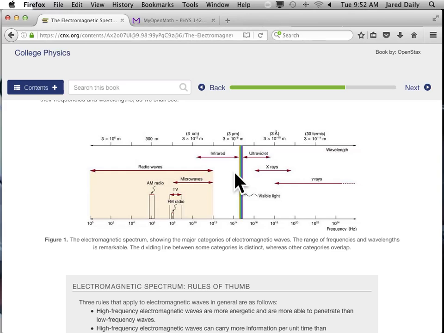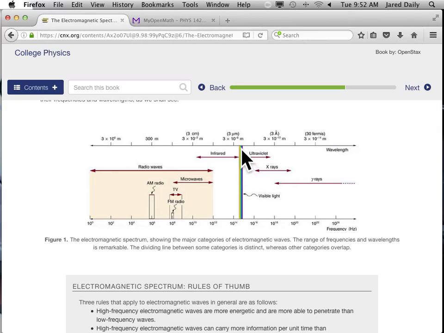If you go to the left here, you're going longer and longer wavelengths. So the wavelengths are up here actually. Your wavelengths for the visible light are in the hundreds of nanometers. On the red end of the spectrum, you're at about 900, 800 nanometers. On the violet end of the spectrum, you're down to about 400 nanometers.